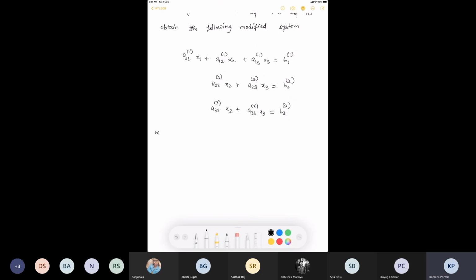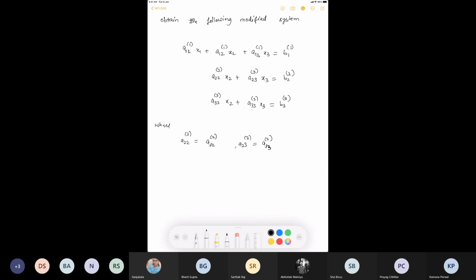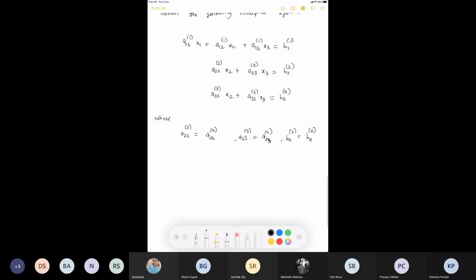Here A22(3) is going to be A_L2(2), A23(3) is going to be A_L3(2), and B2(3) is going to be B_L(2). Since I'm exchanging the second row with the Lth row, the Lth row will get the new coefficients: A_L2(3) is A22(2), A_L3(3) is A23(2), and B_L(3) is B2(2).